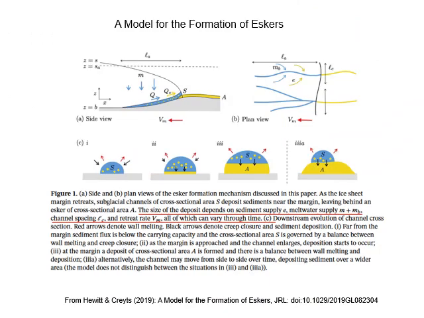Here you see a drawing of a conceptual model of the formation of eskers, and what you need to take away from this is that the size of an esker depends on the sediment supply, the meltwater supply, the channel spacing of the R channels, and the retreat rate of the glacier, and each of these can vary through time.